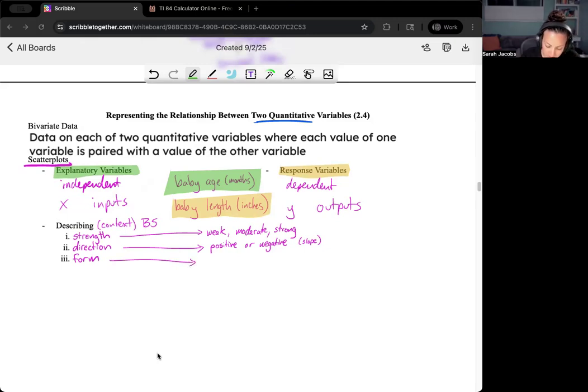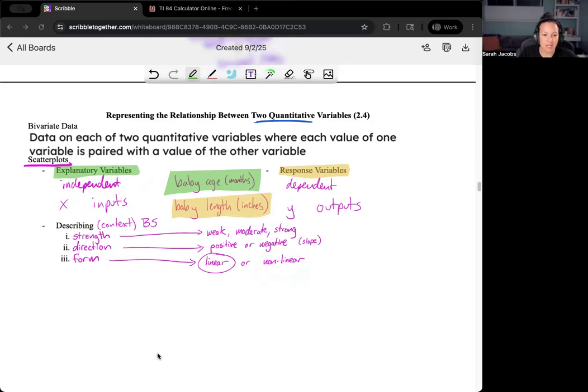For our purposes, form is either linear or nonlinear. Like I was saying, this is really all we're interested in for AP stats. There's some cool stuff with nonlinear modeling and nonlinear regression. It requires a much greater depth of statistical knowledge and, frankly, computer programming knowledge. So that's too much for an intro course.